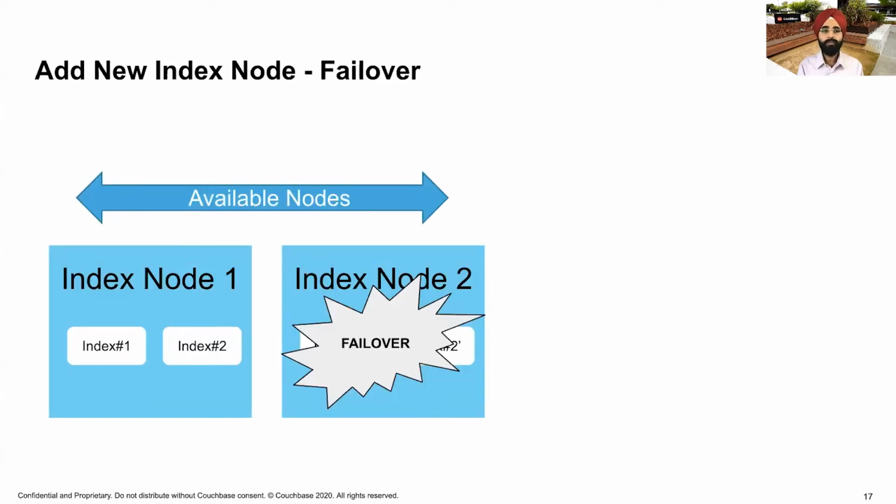The next example is of a failover, or rather how adding a new index node works in case of a failed over node. So let's say there are two nodes in the cluster, and one of the nodes fails over and goes bad. It can't be recovered.